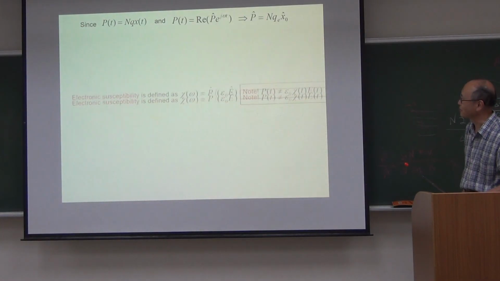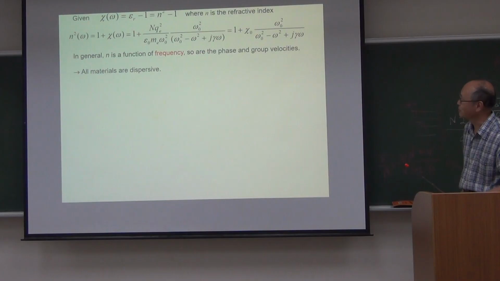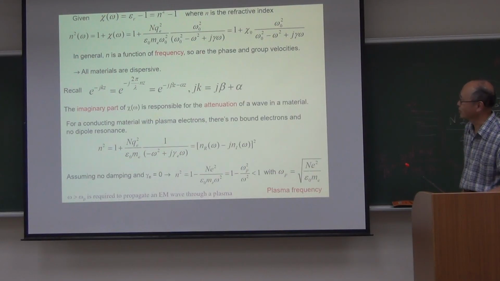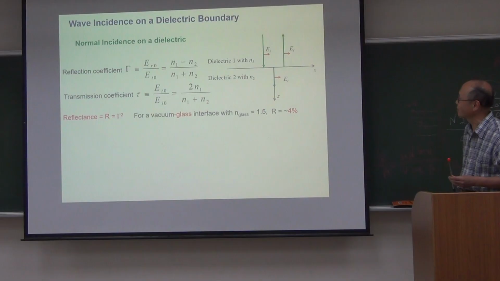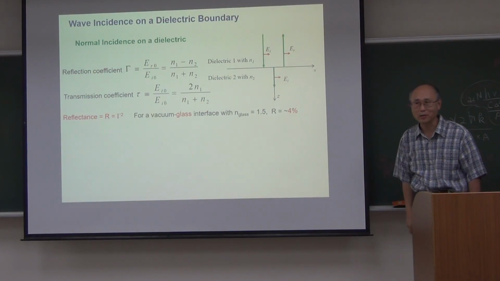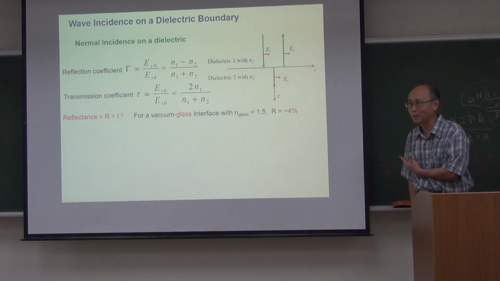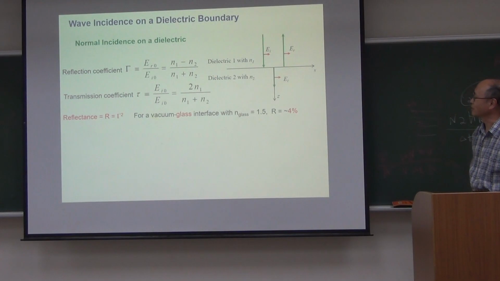So let me continue the presentation. We talked about propagation and refractive index. Now we are in a position to talk about electromagnetic waves going through boundaries.